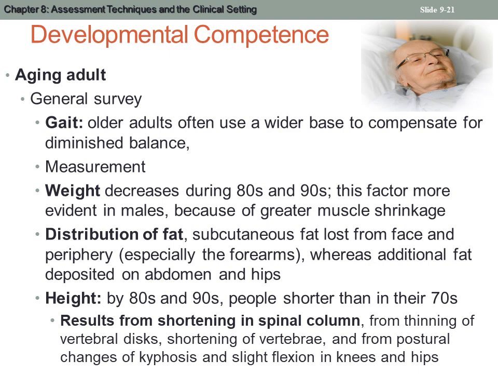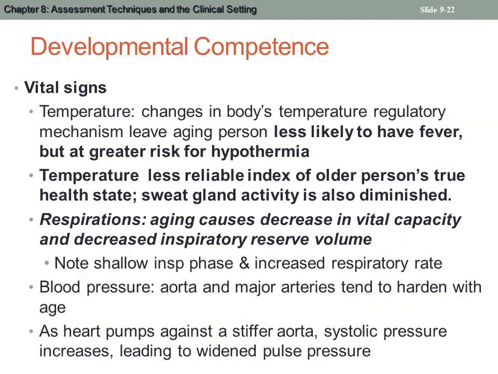So for the older adult, we now have a wider pulse pressure. Okay, so respirations, again, when they're a little bit older, you have a decrease in vital capacity. And their blood pressure has maybe changed. So again, a wider pulse pressure, and we remember what the pulse pressure meant, right? The difference between systolic and diastolic.